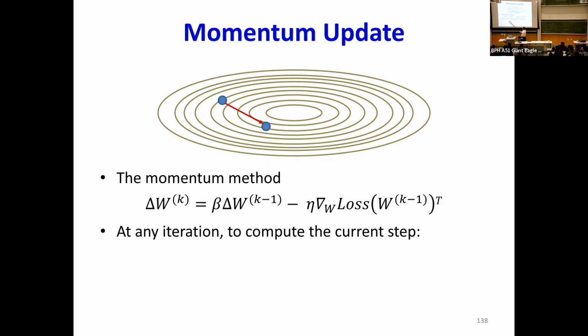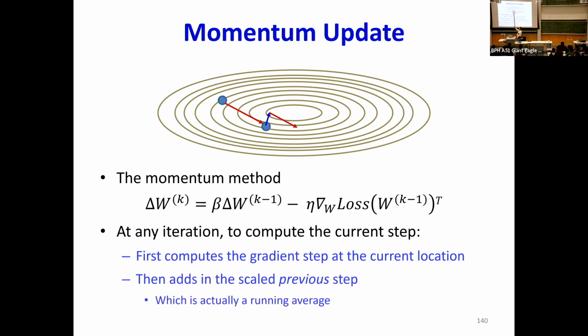At any iteration, you're computing the current step, right? So let's say at this iteration, this was the step taken. Then over here, you're computing the current gradient, or the step according to the current gradient. And the actual step size is going to be a running sum average of this term and this term.